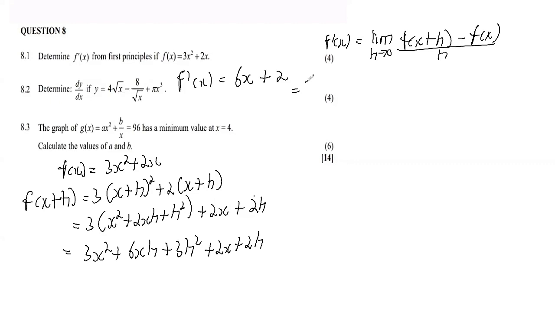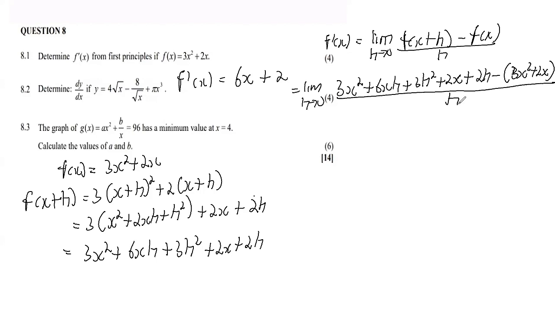Now at this point, you want to take this whole expression here and write it here: 3x squared plus 6xh plus 3h squared plus 2x plus 2h, then minus the expression for f of x, which is just 3x squared plus 2x, right? Then over h. Now at this point, we know that this will cancel out the 3x squared and the 3x squared, the 2x and the 2x there.